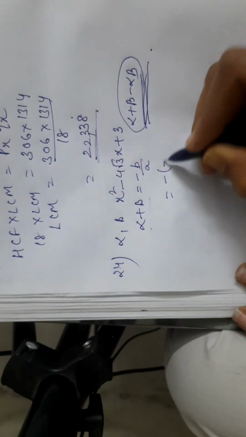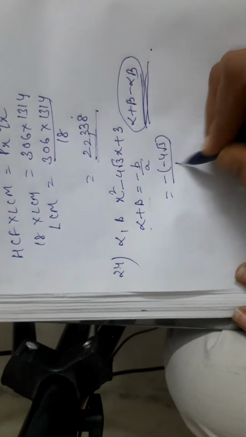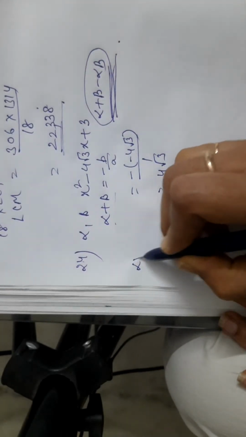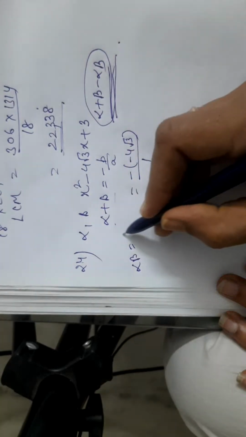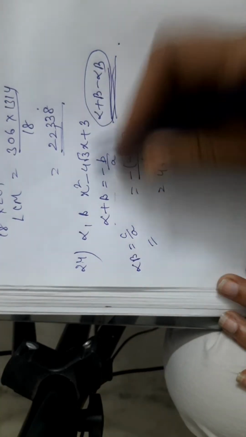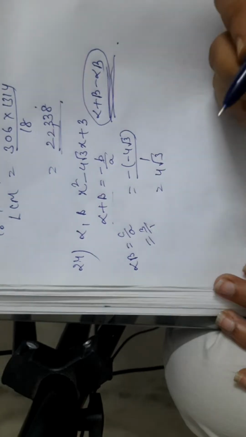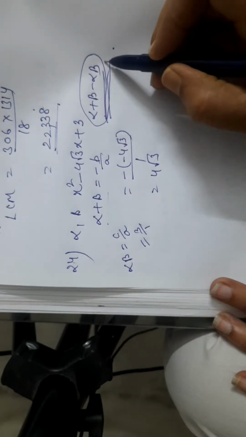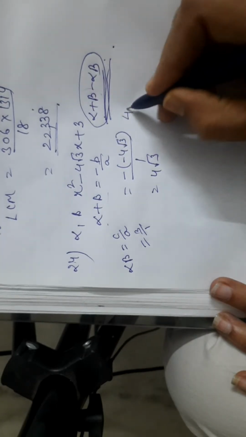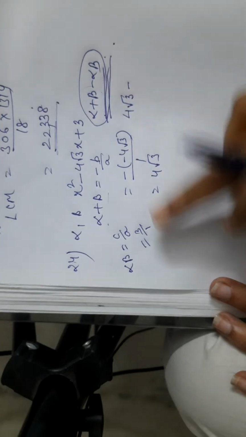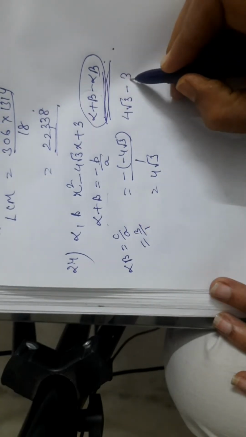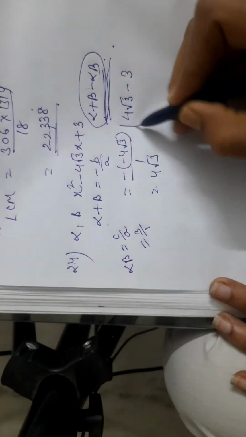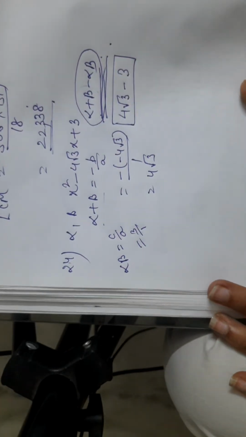Thus it is minus of minus 4 root 3 by a, which is 1, so it's 4 root 3. And alpha beta is c by a, so it's 3 by 1, so it's 3. We need to find the value of alpha plus beta minus alpha beta. Alpha plus beta we got 4 root 3 and alpha beta we got 3. So the final answer is 4 root 3 minus 3.